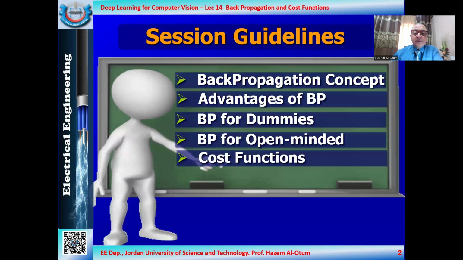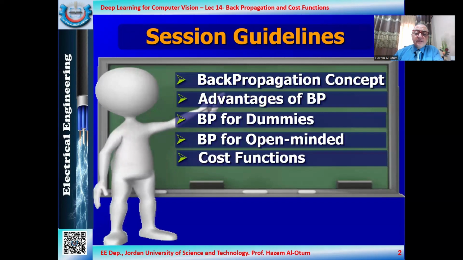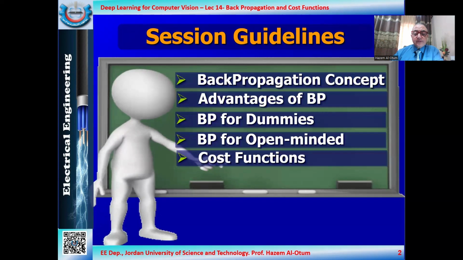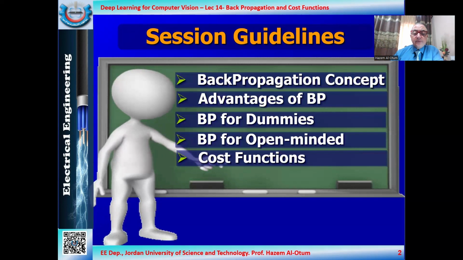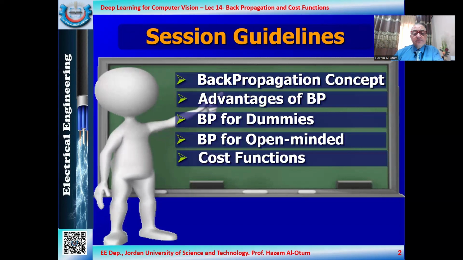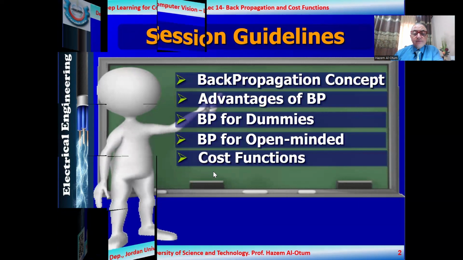In fact, backpropagation is accompanied with some, let's say, complex mathematical descriptions, especially when we talk about partial derivatives. We'll try to simplify this as much as possible. Also, what are the cost functions that we can use? What is the main purpose of having proper cost functions when we apply backpropagation?